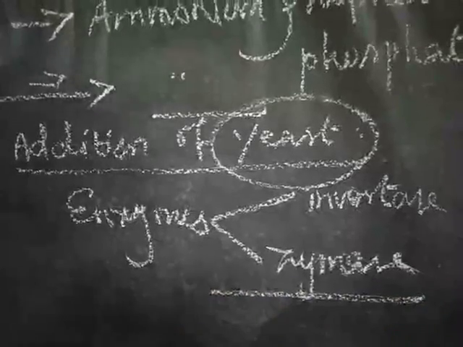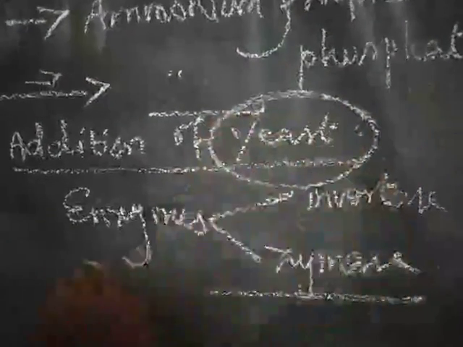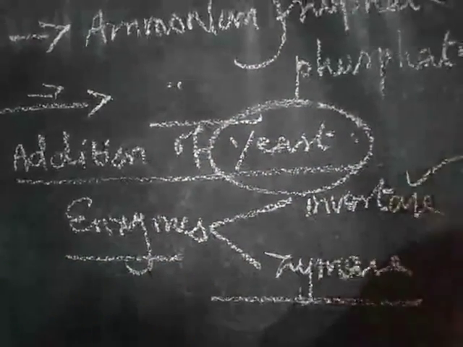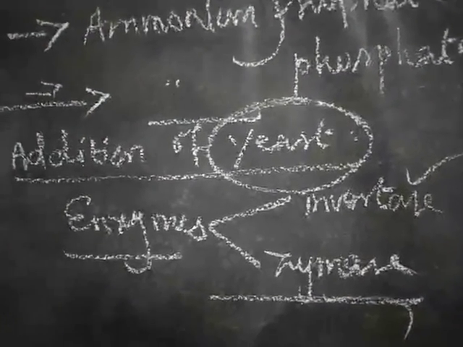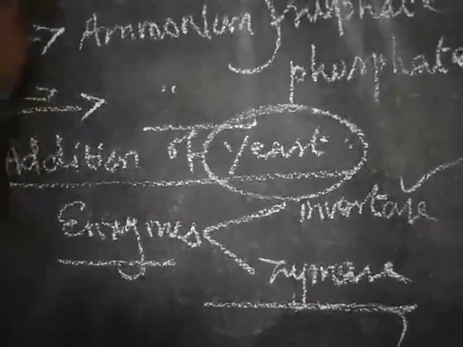Yeast contains two types of enzymes, one is invertase, another one is zymase. After adding this, the chemical reactions will start. So what is the chemical reaction?